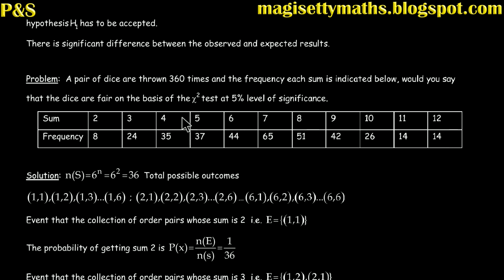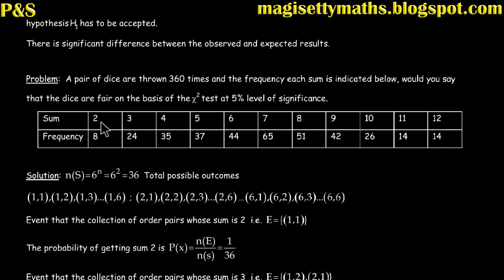That means if the dice are thrown 360 times, we get the sum 2 eight times, sum 3 twenty-four times, sum 4 thirty-five times and so on. These are the observed frequencies. Now we have to evaluate expected frequencies by the classical definition of probability.